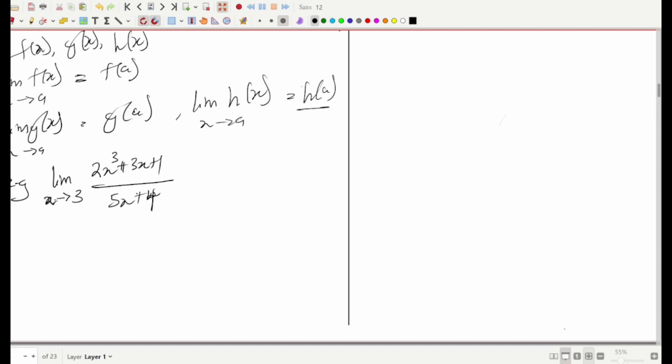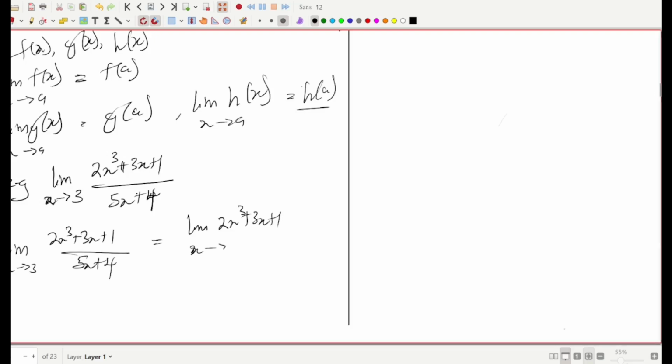But first, let us apply the limit rules, then after we do direct substitution, you realize they are both the same thing. So applying the limit rule, what are we going to get? We're applying the quotient rule first. This becomes the limit of 2x cubed plus 3x plus 1 as x approaches 3 divided by the limit of 5x plus 4 as x approaches 3.